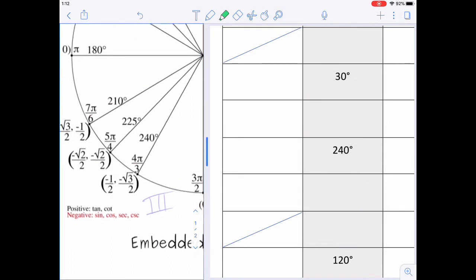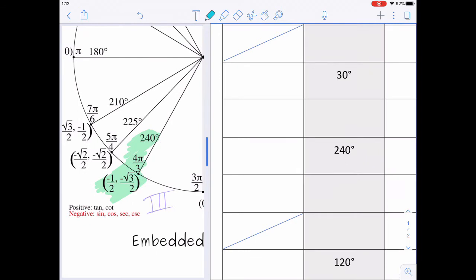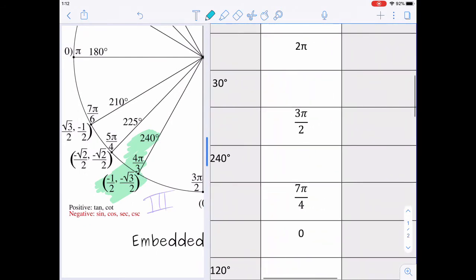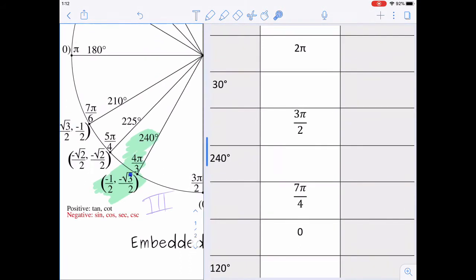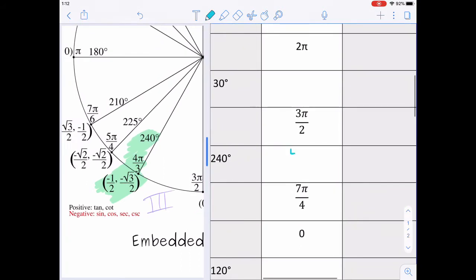That's down here. So this is the information we're going to use for 240. The first thing it asks for is quadrant. 240 degrees is in quadrant 3. Next it asks for our radian measure, which is right here. So we're just pulling information off this chart. This is 4 pi over 3.